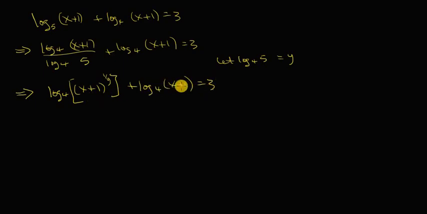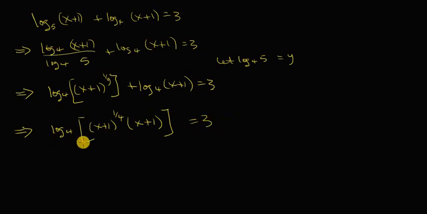Now, the same as last time, I can multiply these across. That means I'm going to get log base 4 of x plus 1 to the power of 1 over y times x plus 1 is equal to 3.